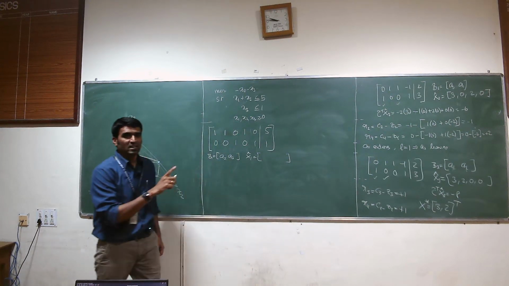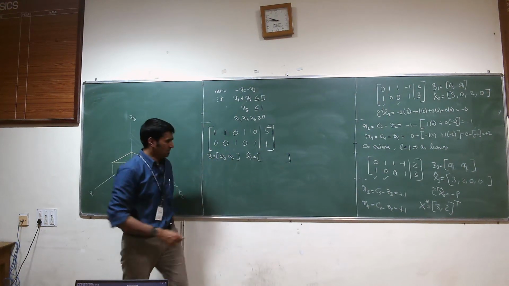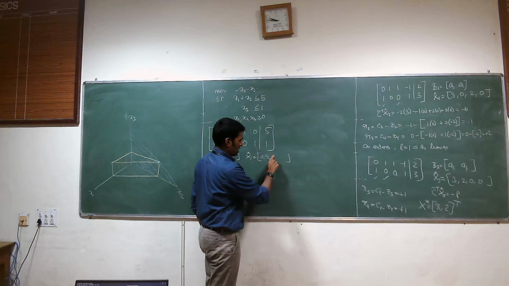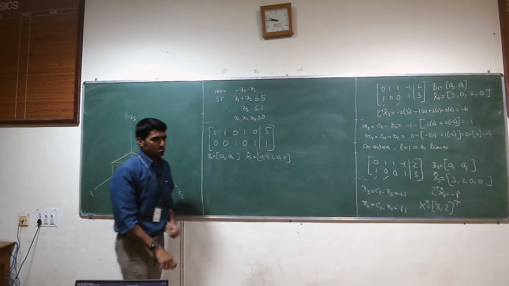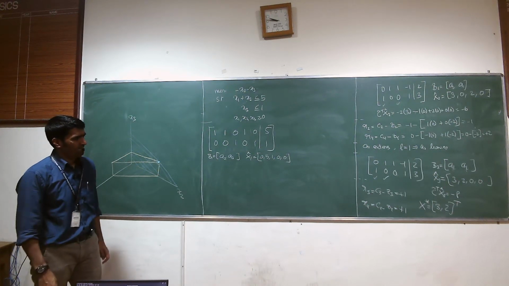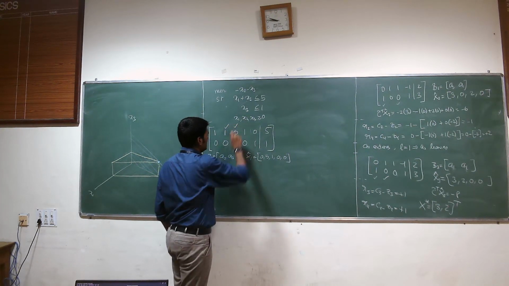Cannot be 5, 0, right? Because A1 is not here. That means A1 set to 0.